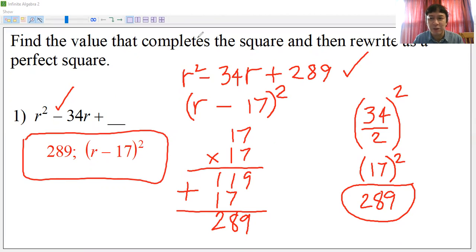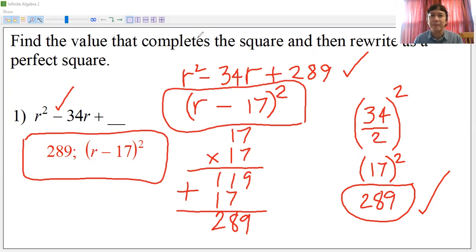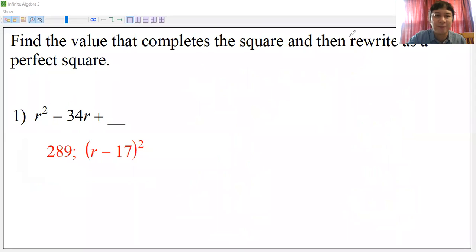You see the 289 and you see the r minus 17, the entire quantity squared. I hope you were able to get that part. The more examples, the more we will learn. Let's clear the screen and go to the next number.